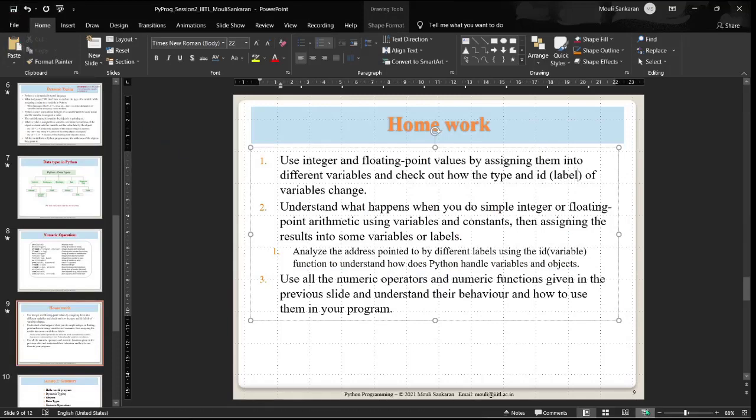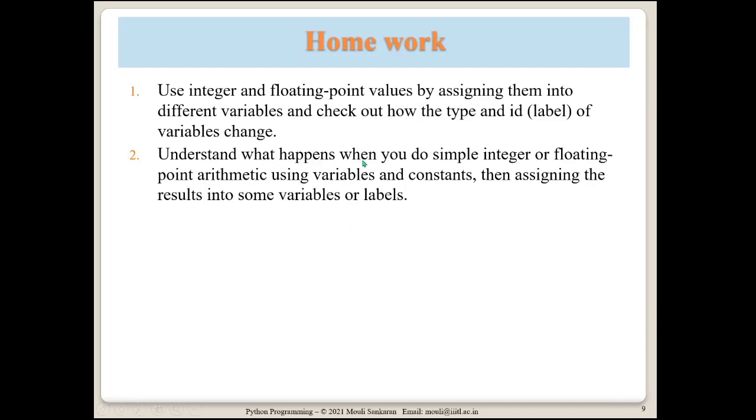Understand what happens when you do simple integer or floating point arithmetic using variables and constants, then assigning the results into some variable or labels. What I am saying here is, maybe you can say i equal to 2, j equal to 5, maybe k equal to 10, and then say m is equal to i plus j plus k plus maybe 15, and then try to find out the type and id of these variables, including this.